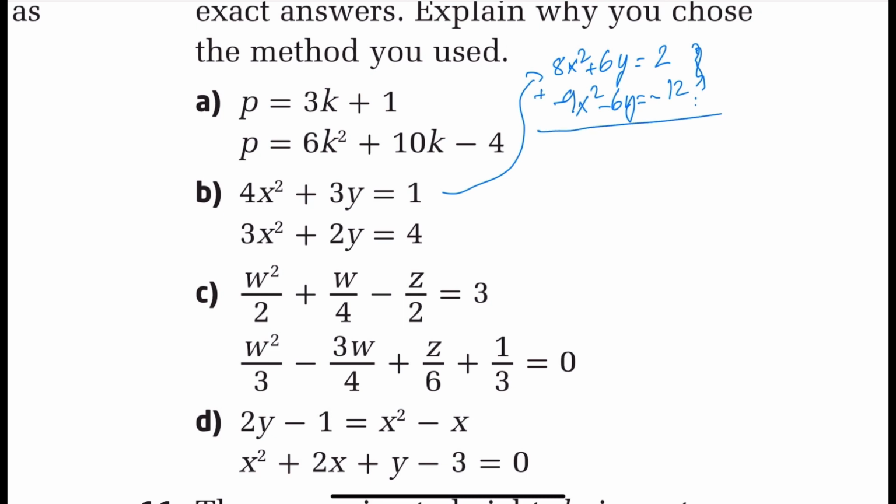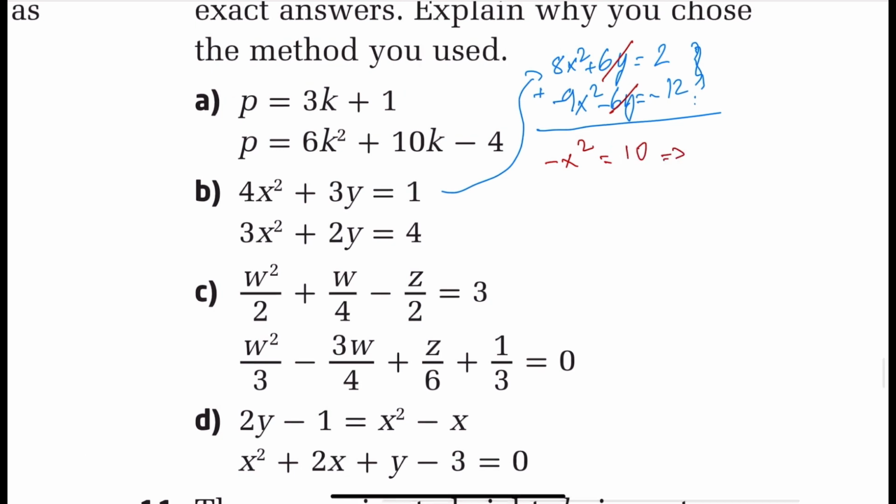So the y terms will cancel each other. So I will have minus x squared is equal to minus 10. That means my x is equal to plus or minus square root of 10.